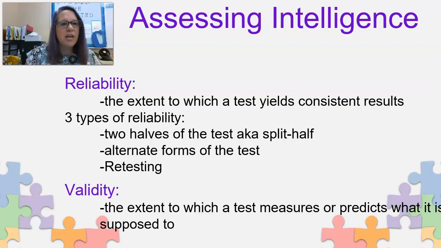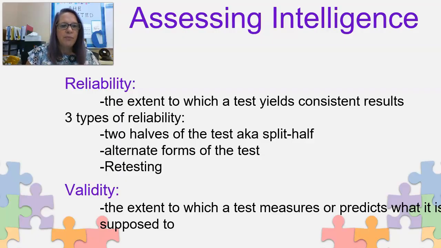We're still talking about things that intelligence tests have to have in order for them to be useful and for those scores to be taken seriously. One of them is reliability. This is the extent that the test actually is consistent across the board. There are three different types of reliability.